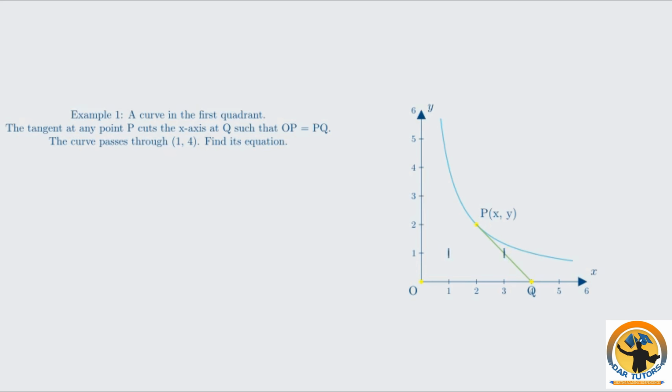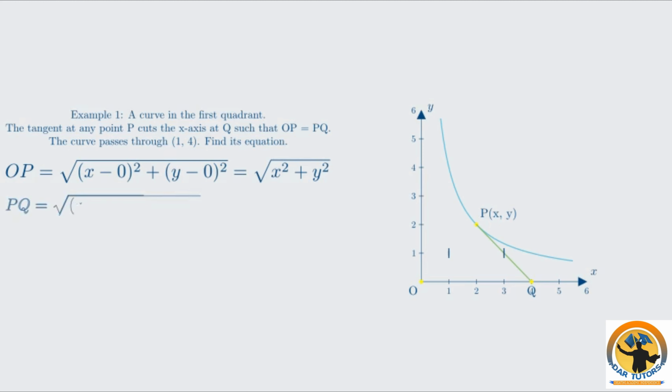Let's use the distance formula. The distance OP is the distance from (0, 0) to (x, y), which is the square root of x squared plus y squared. The distance PQ is the distance from (x, y) to (q, 0), where q is the x-coordinate of Q. This is the square root of (q minus x) squared plus y squared.